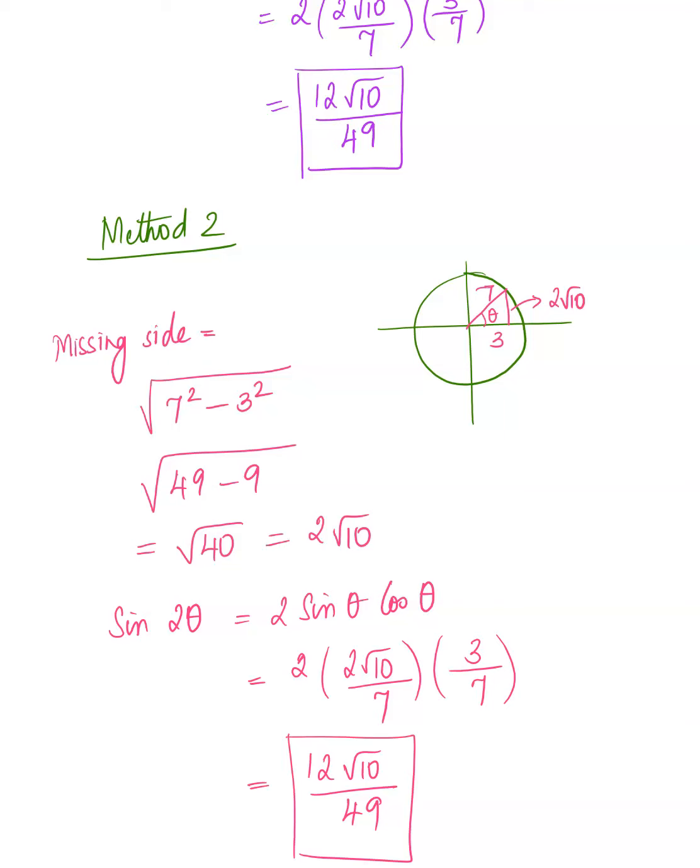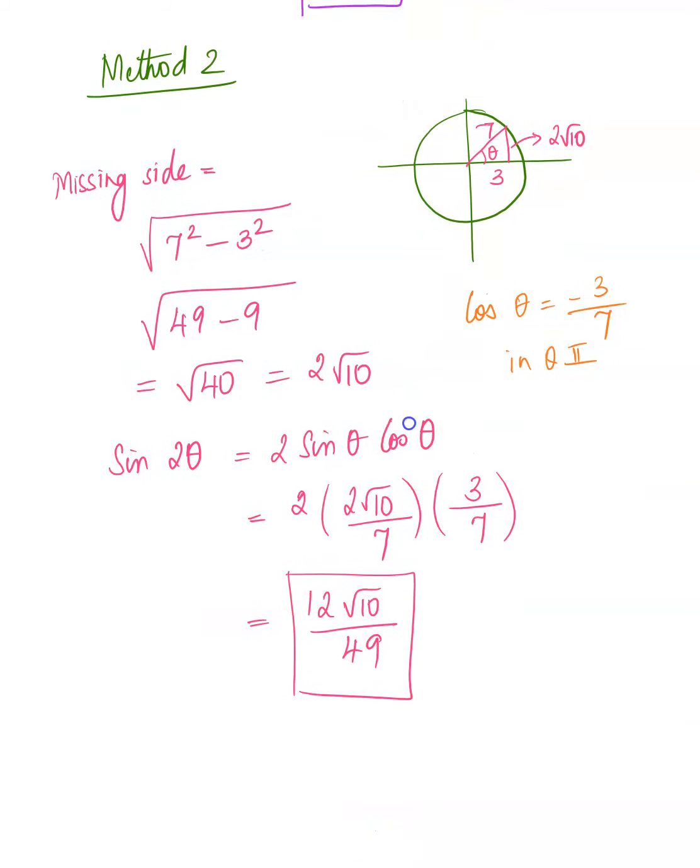What I mean by that is, now if they said cosine theta is, let's say, negative 3 over 7, and they said this is happening in quadrant 2.